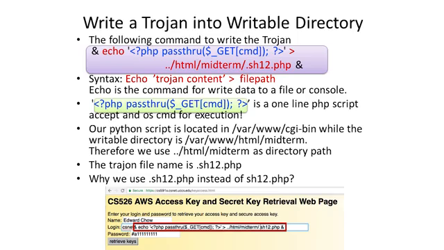We save the Trojan file with the file name .sh12.php, so that one line of PHP code will be saved in that midterm subdirectory. Be aware, I have put a dot in front of it.